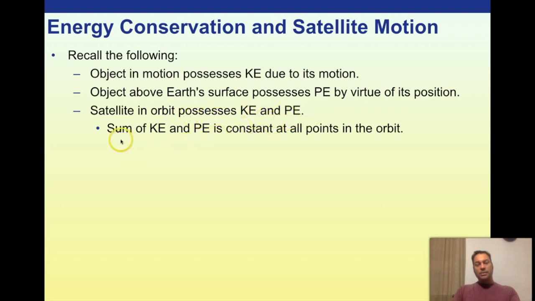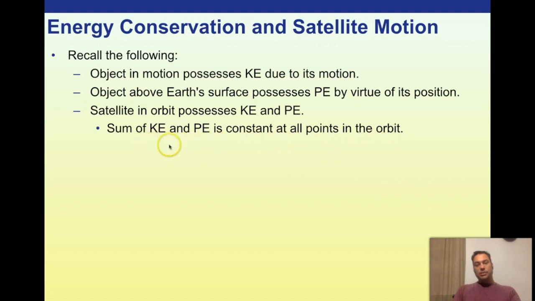And so at all times, what's really happening is as it's speeding up, as it's going into that ellipse, orbiting around and speeding up near that one focus, a lot of that potential energy is being converted into kinetic energy, and then as it goes away from that focus and starts to slow down, it's converting that kinetic energy back into potential energy. So it's simply doing a conservation of energy. The sum of the two, however, is constant at all points in the orbit.